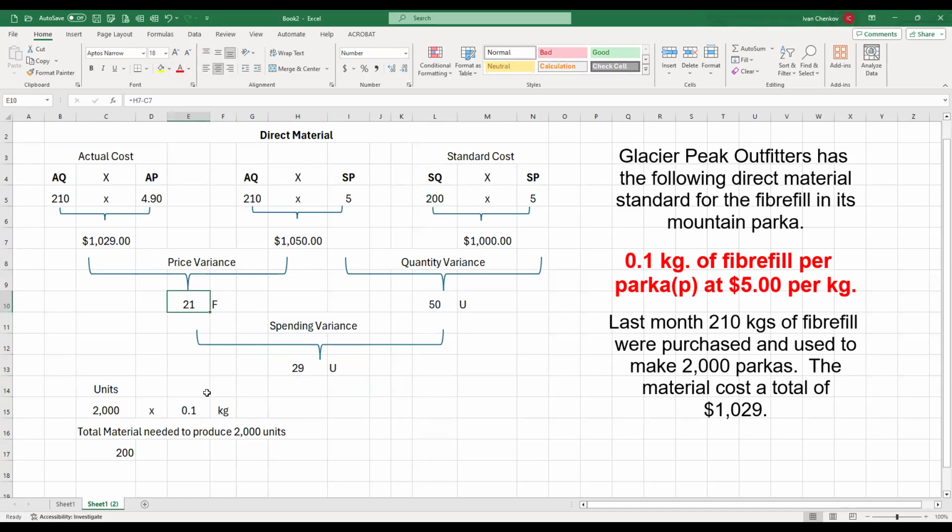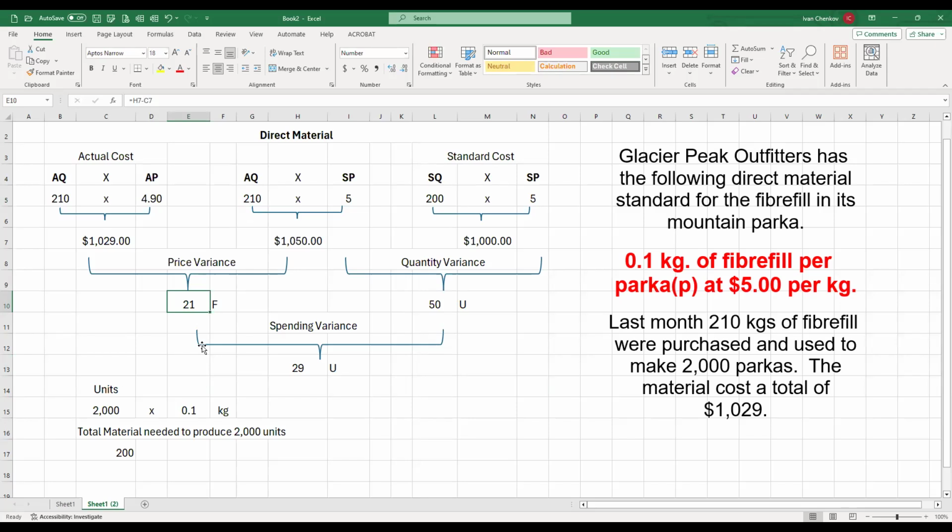How else can we get this 21? Watch this. How much is the difference in the price? 10 cents. On how many kilograms? 210 kilograms. 210 kilograms times 10 cents, how much is that going to give us? 21.